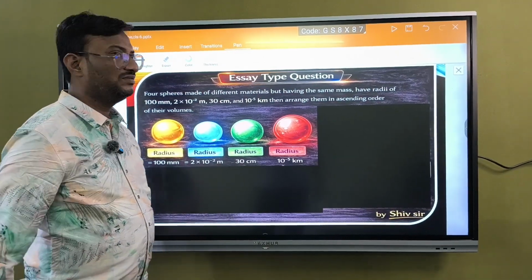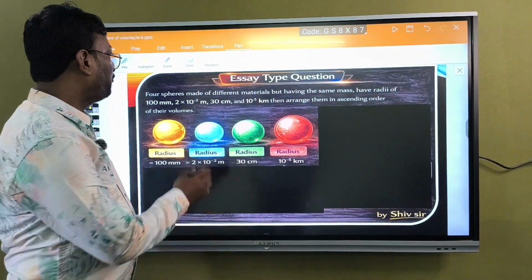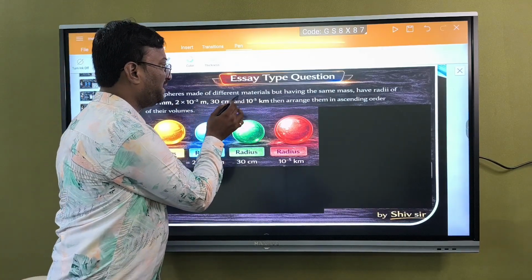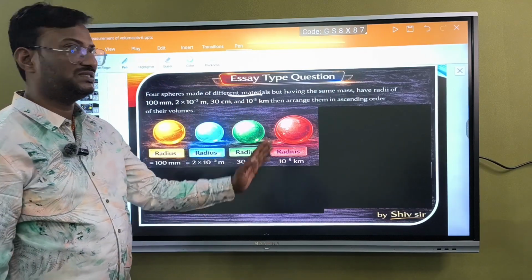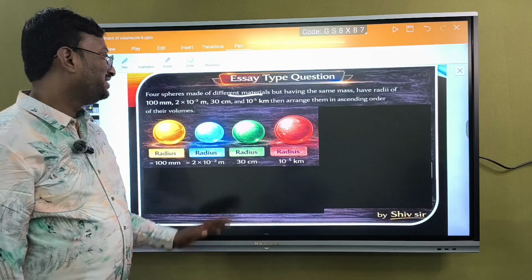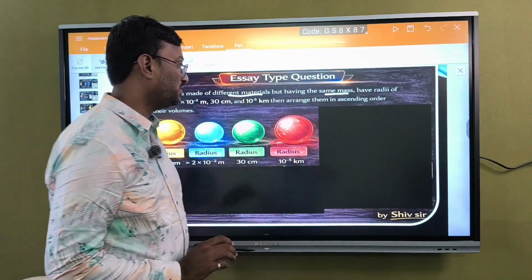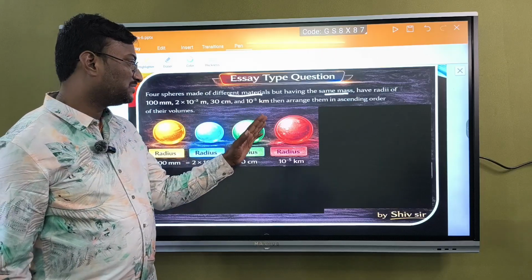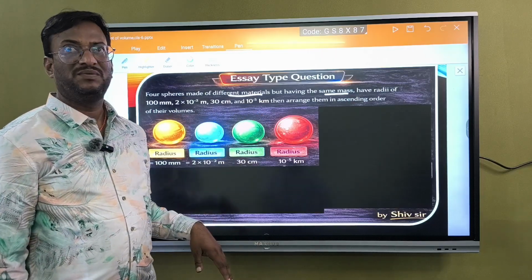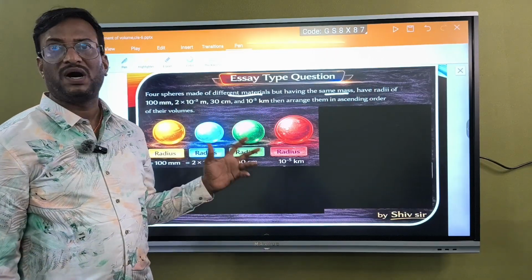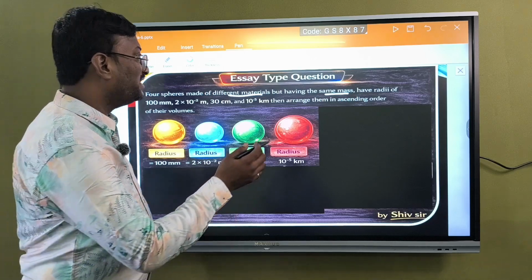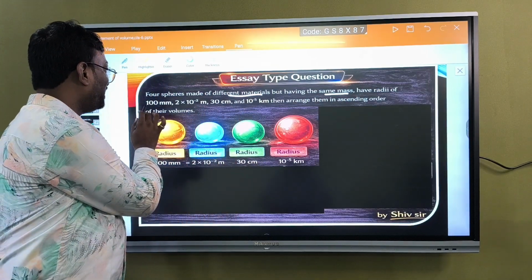The last one for this class. 4 spheres made of different materials. Here are the 4 spheres. They are made up of different materials but having the same mass. See children, the question is 4 spheres, they may be of different size but they have same mass. Having the radii of 100 millimeter.